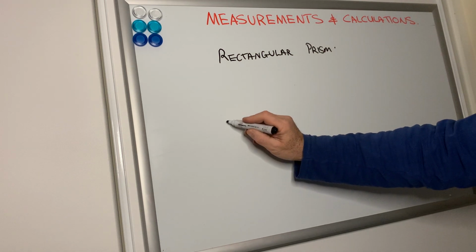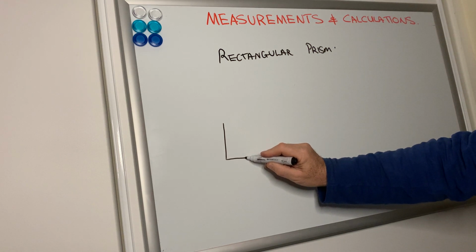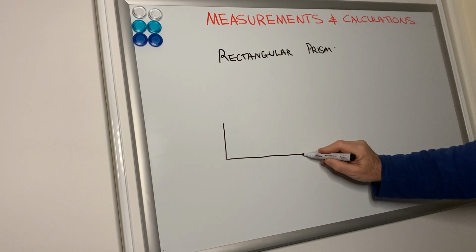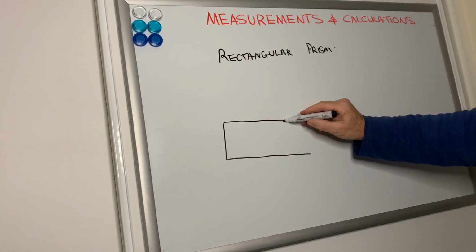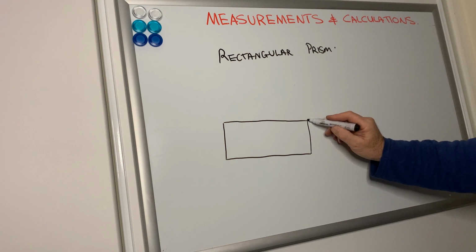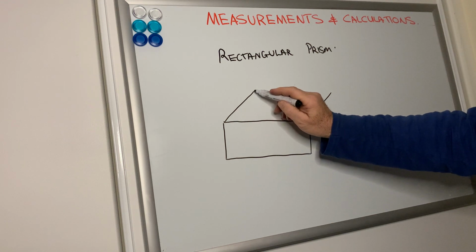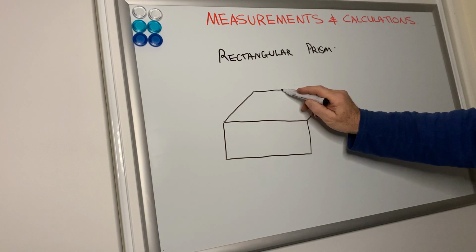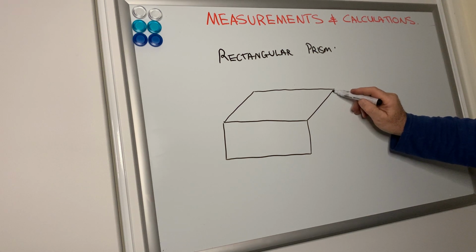Okay, let's say for example it's a rectangular shape there, across to there, across to there, through to there, across to there.